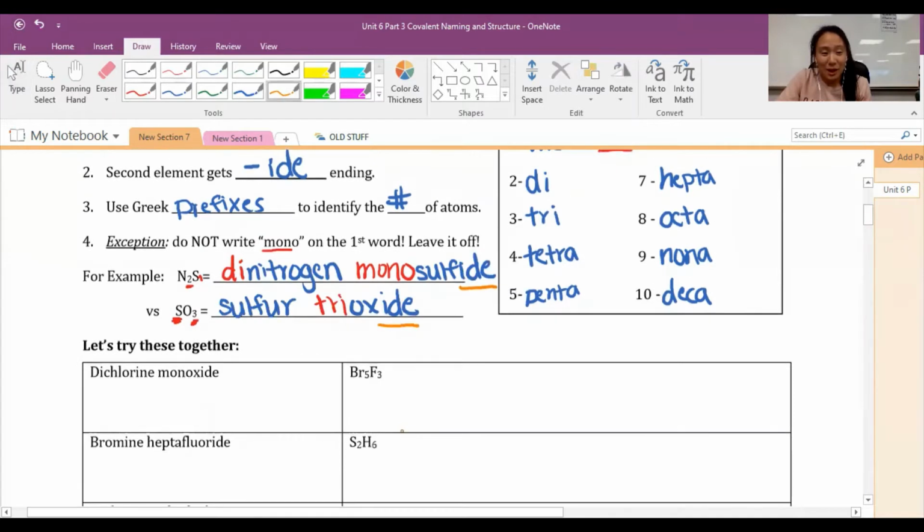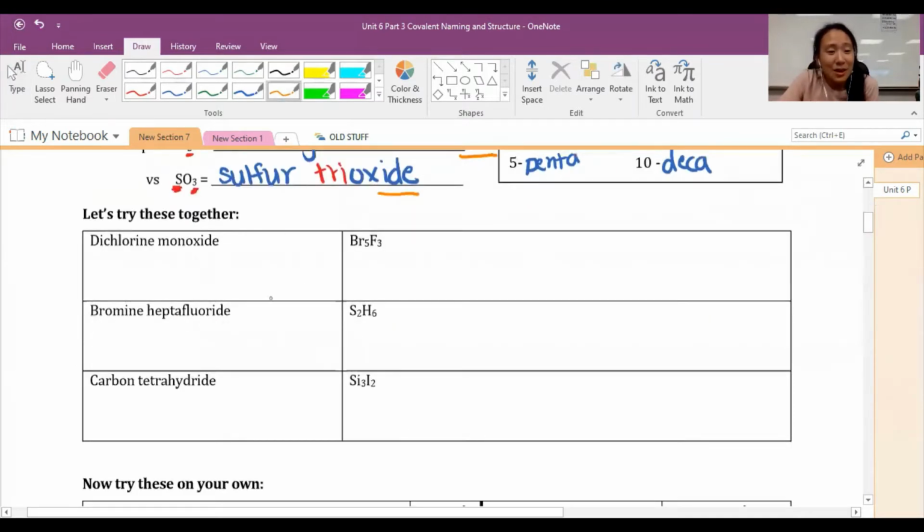So going down here. All right, so here is dichlorine monoxide. So here we're going backwards. So you have to be familiar with your prefixes, right? So here's our prefix di, here's mono, here's hepta, carbon, and here's tetra, okay? So you see chlorine, which is Cl. Di is the number 2, so you put a 2 there, right?